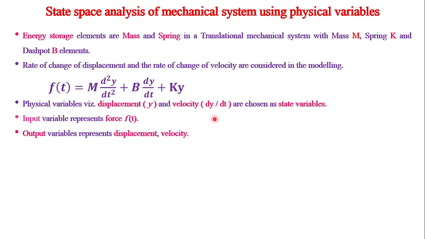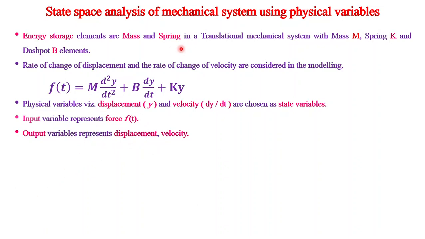That is another state variable's derivative. So if this is x1 and this is x2, then x1 dot is dy by dt, and x2 dot is the derivative of this, d square y by dt square, where x1 and x2 are the state variables. The input is the applied force F of t. As output we can choose displacement and velocity.